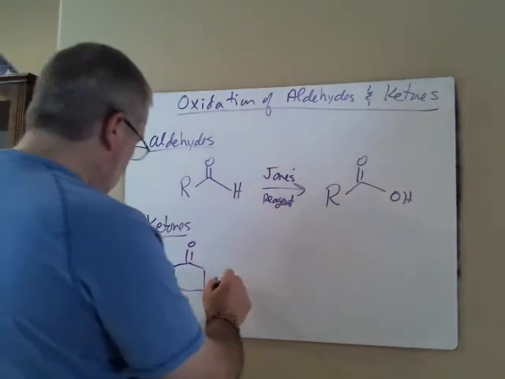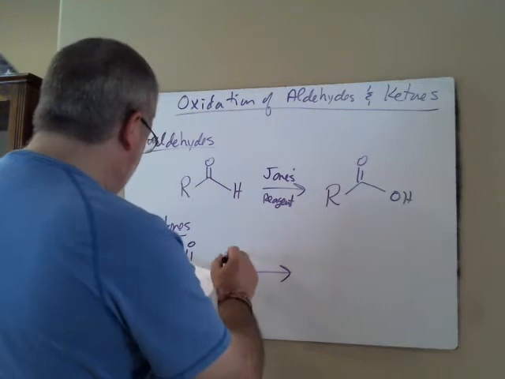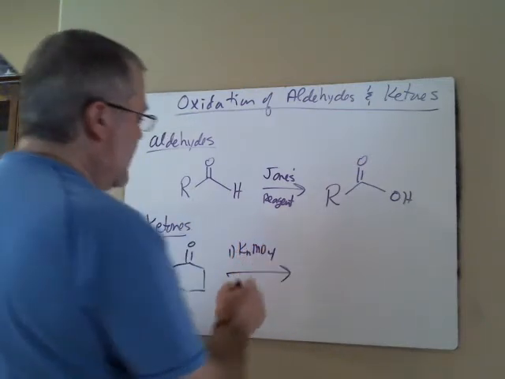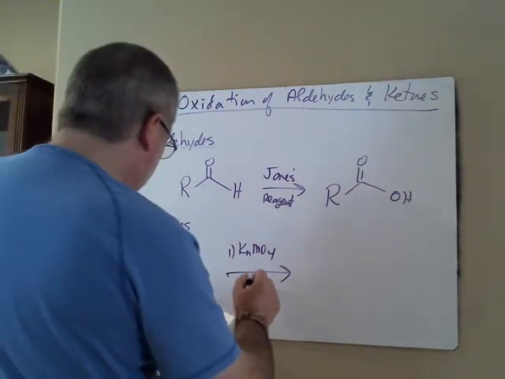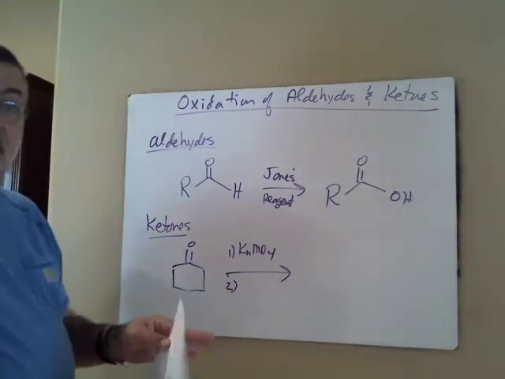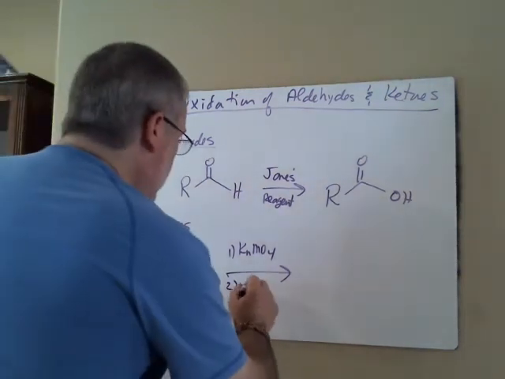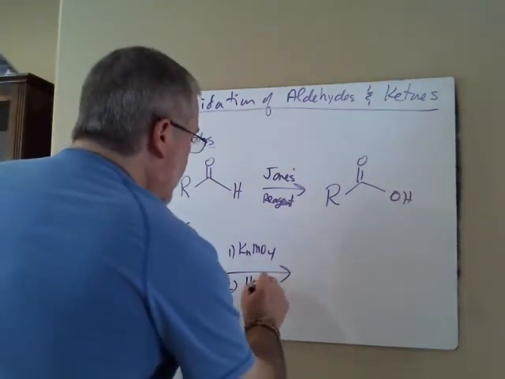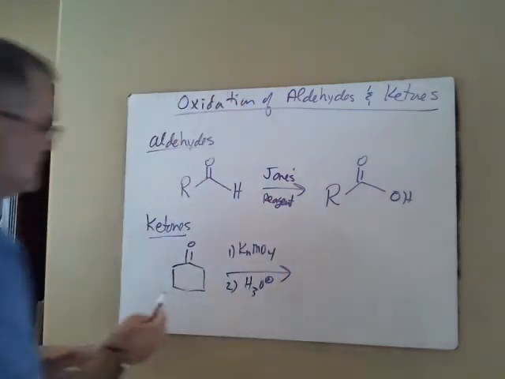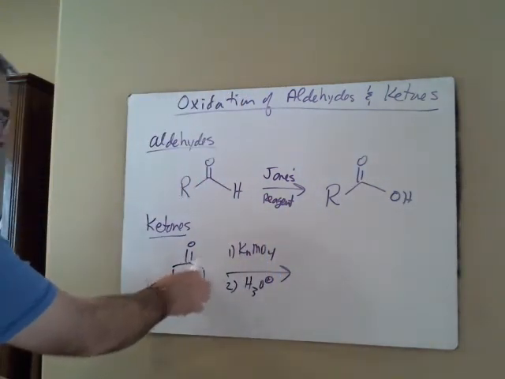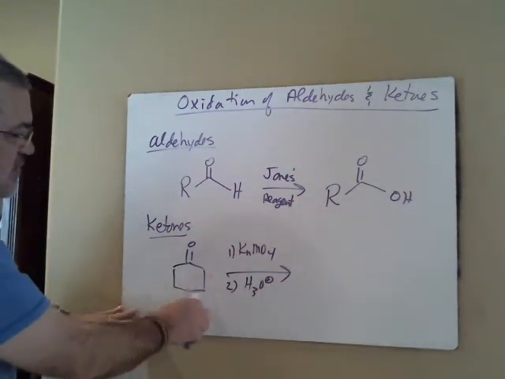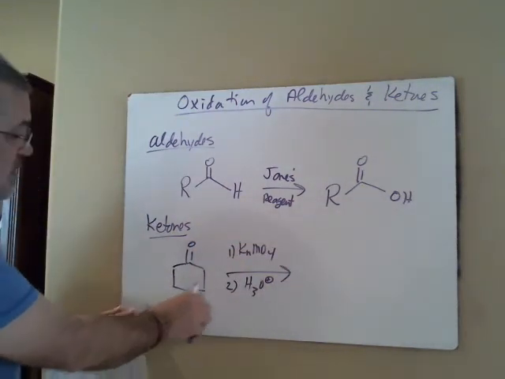Okay, but you can do an oxidative cleavage, and that's where you take potassium permanganate, which we know as an oxidative cleavage reagent, and you do an aqueous acid workup. And when you do that, you actually cleave this open. Okay, so there's no way to oxidize this directly to a carboxylic acid, keeping this ring intact.